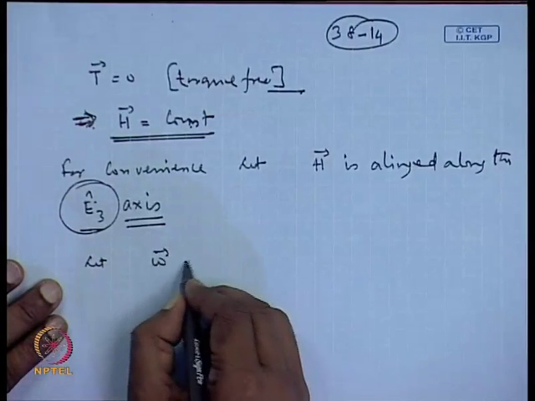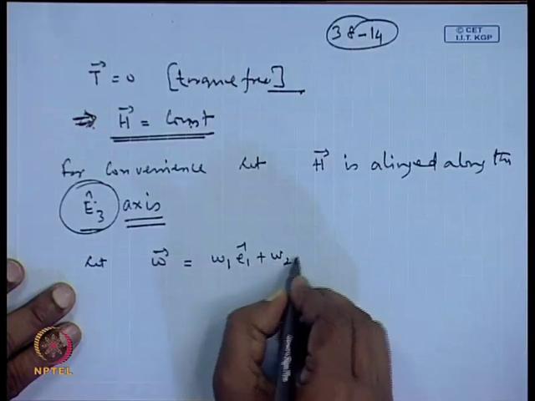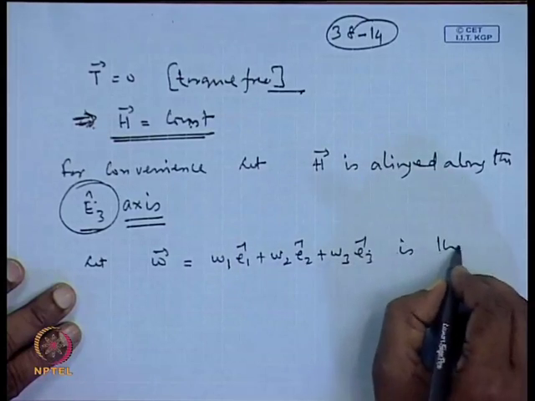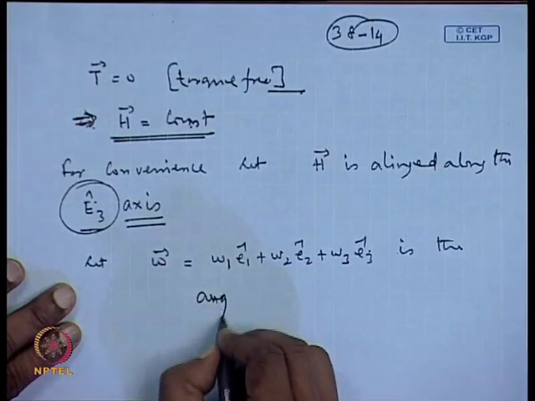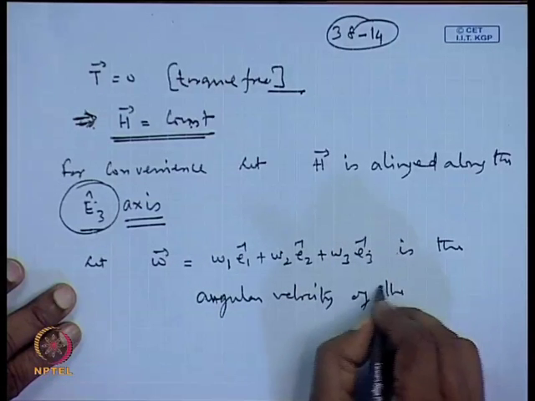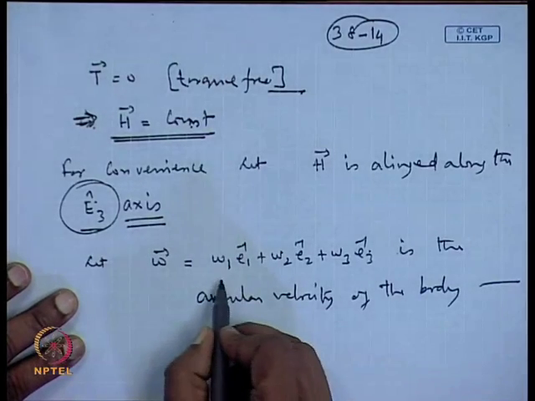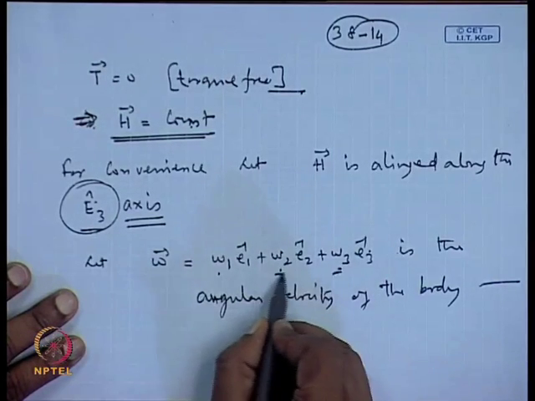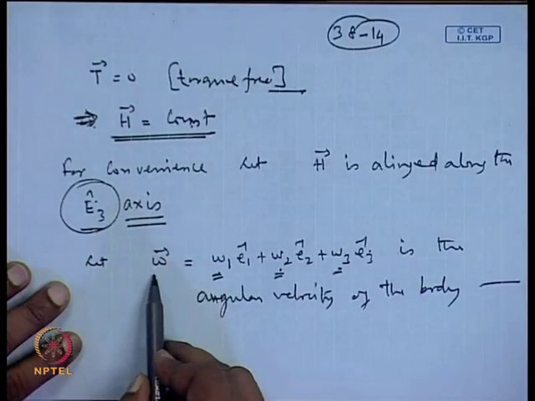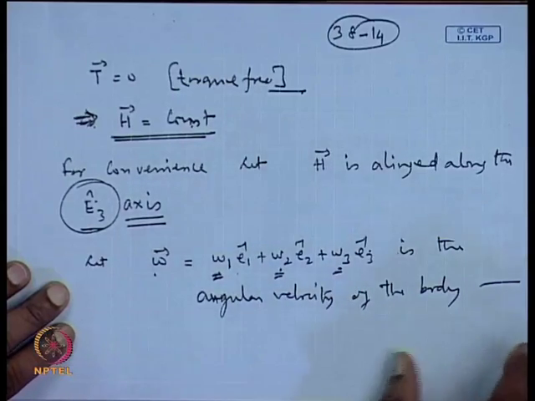Let omega is equal to omega 1 E1 cap plus omega 2 E2 cap plus omega 3 E3 cap be the angular velocity of the body, where omega 1, omega 2, omega 3 are the body components, the components of the angular velocity taken along the body x, which is in this case the principal axis.